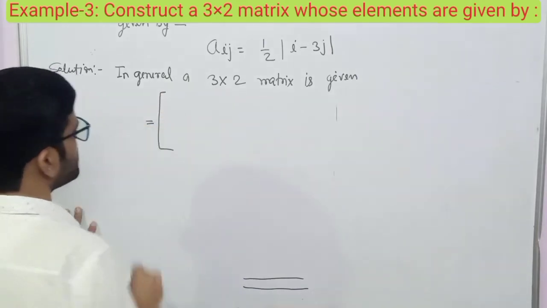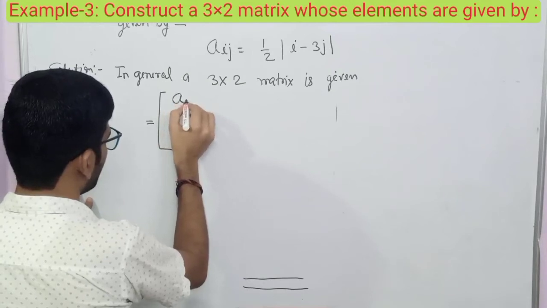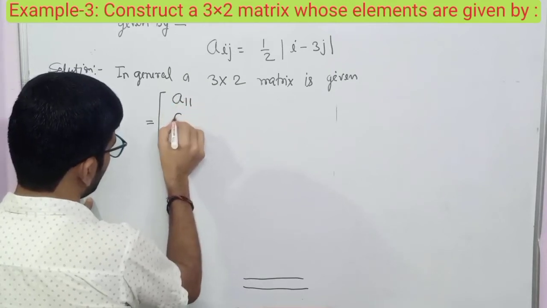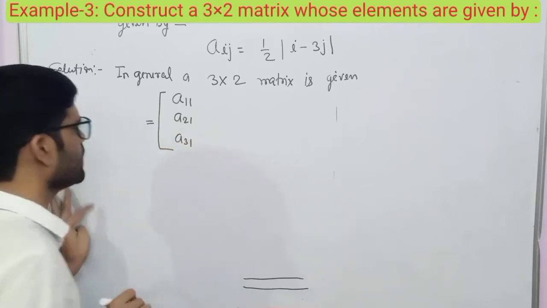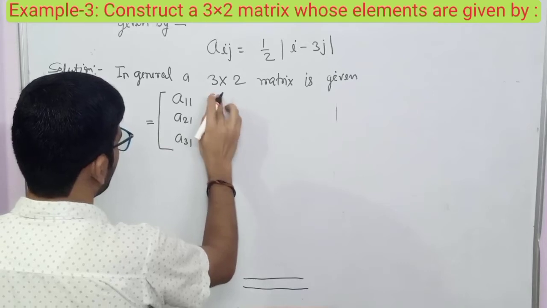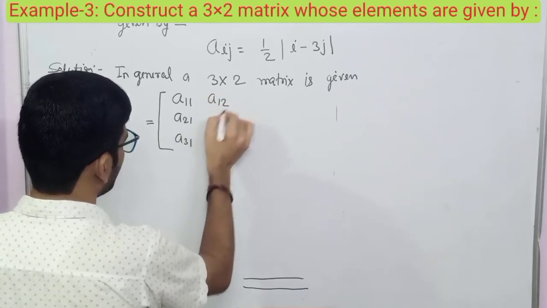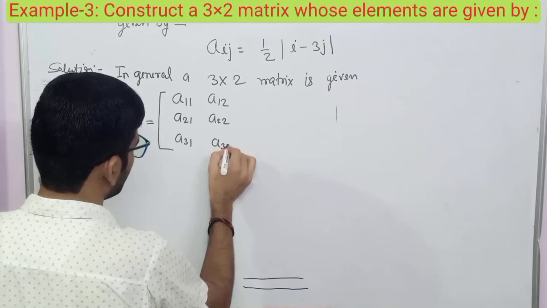3 cross 2 means 3 rows, that is A11, A21, A31, and 2 columns, that is A12, A22 and A32.